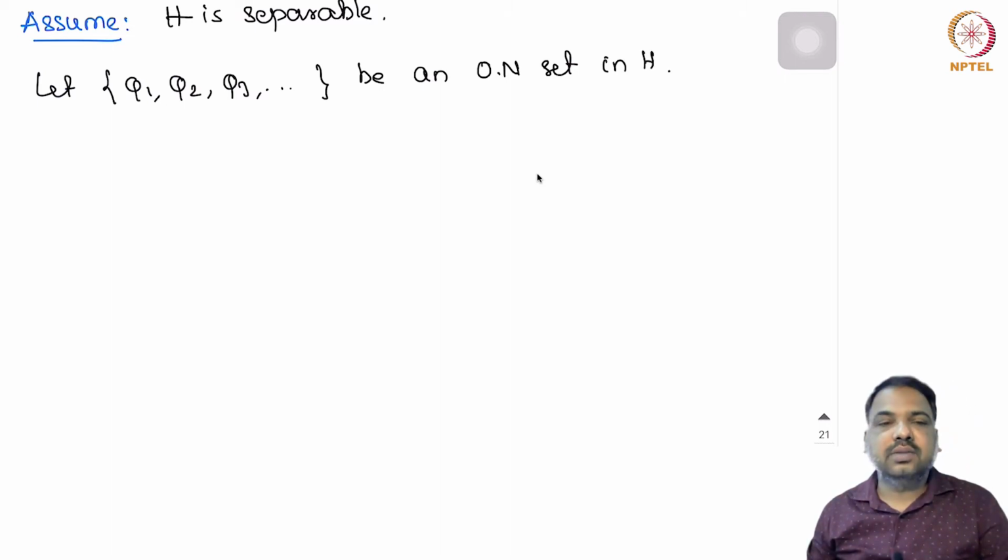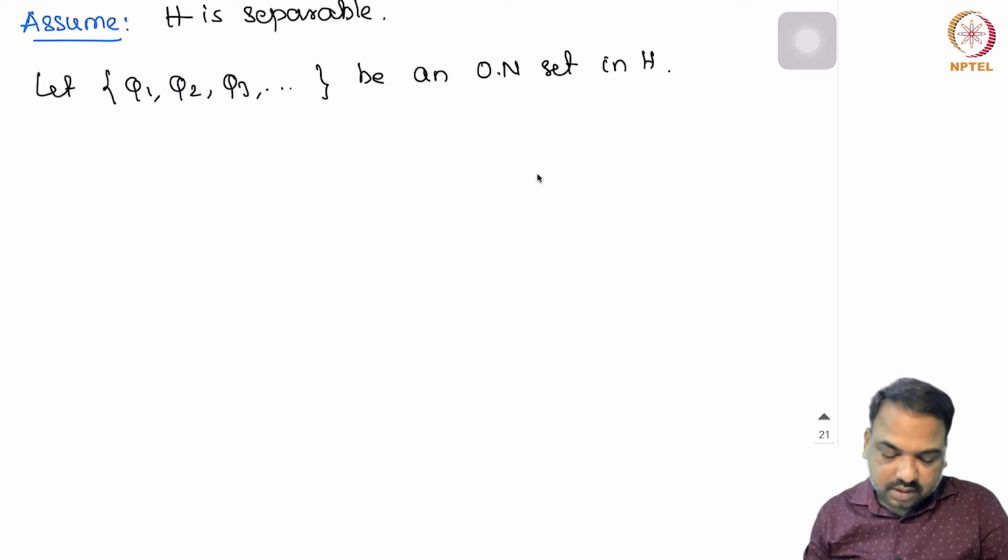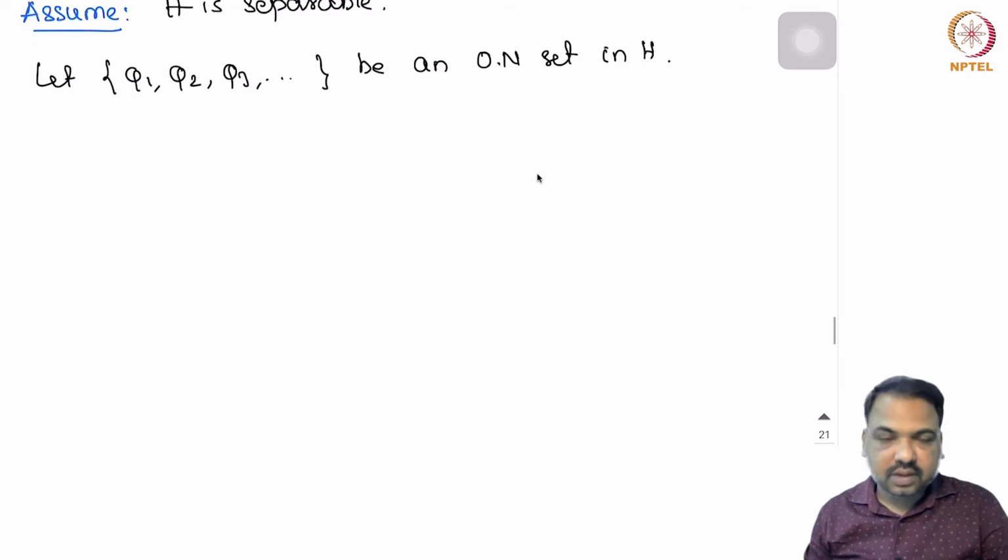Now if T is an isometry, we know that it preserves the distance as well as the angle between two vectors. If you look at norm T phi n, that has to be norm phi n, that means it is 1. And inner product T phi n with T phi m should be inner product phi n with phi m.